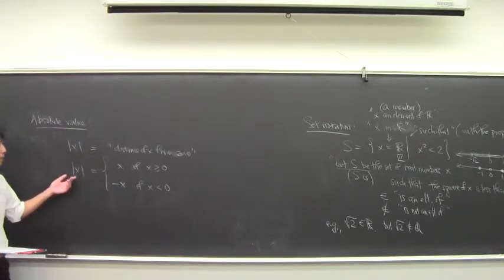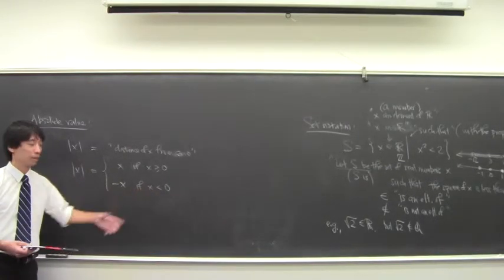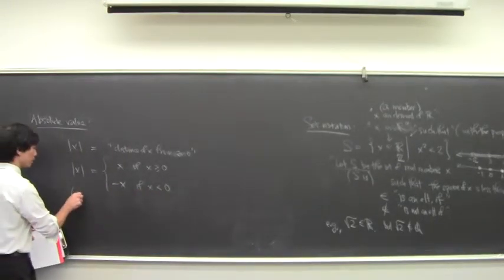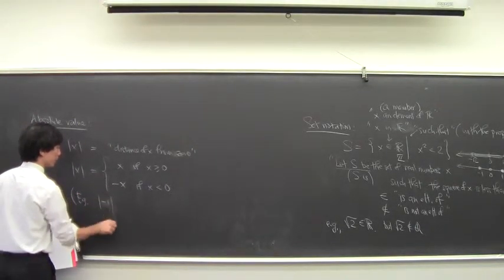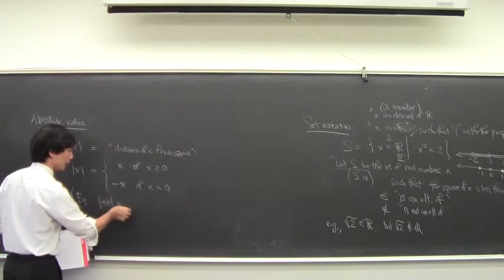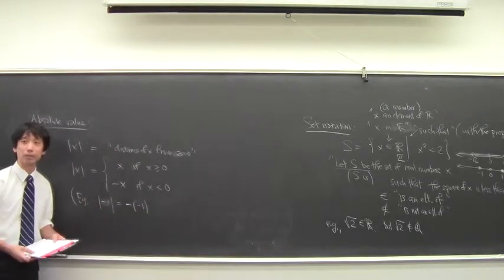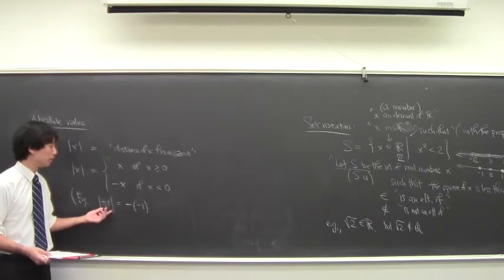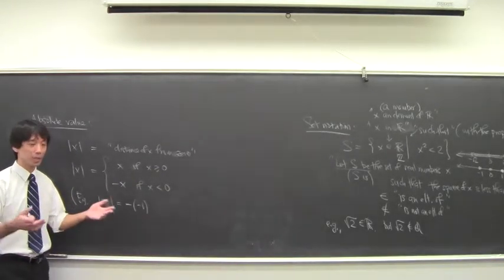So if your number is less than 0, suppose your number is negative 1, the absolute value is not going to give you back negative 1, it'll give you back negative whatever you gave it. It's a procedure. It says, what did you give me? You gave me a negative number.